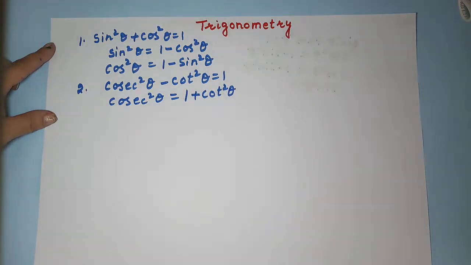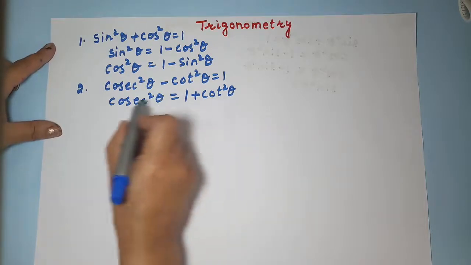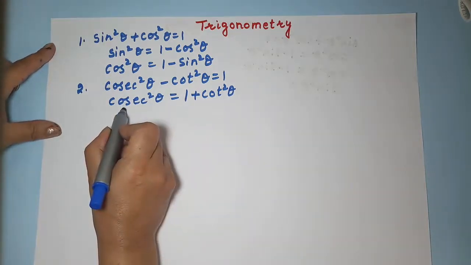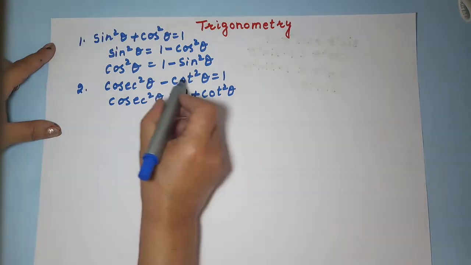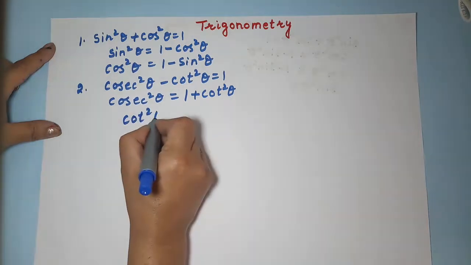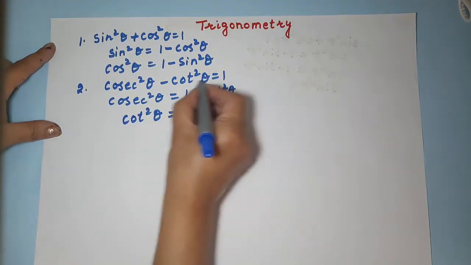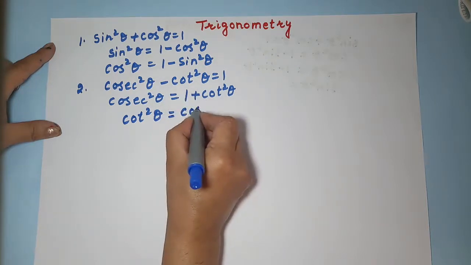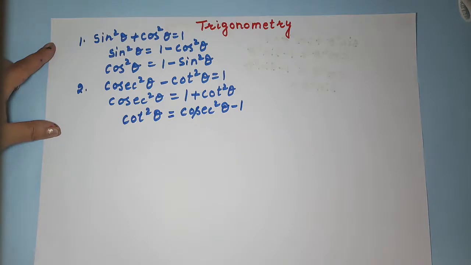Now you should know that if somewhere you have 1 plus cot square theta, you can replace that by cosec square theta depending upon the need of the question. Similarly, if you have to find the value of cot square theta, you can shift it this side and bring this 1 to this side. It becomes cosec square theta minus 1, right?